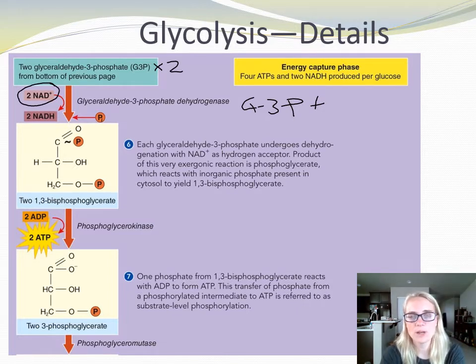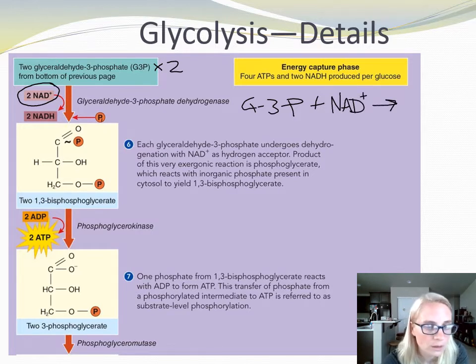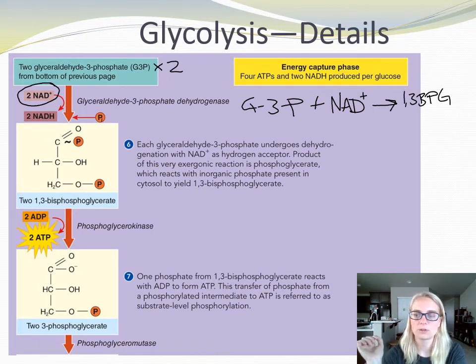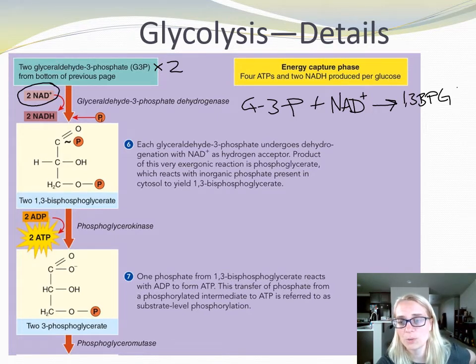I'm just showing it for once, but remember there's 2 G3P, so everything that's happening in the rest of these slides, you have to double. So G3P plus NAD+ goes to 1,3-bisphosphoglycerate, just an abbreviation. Again, you don't need to know that. I'll give you a takeaway, plus NADH.